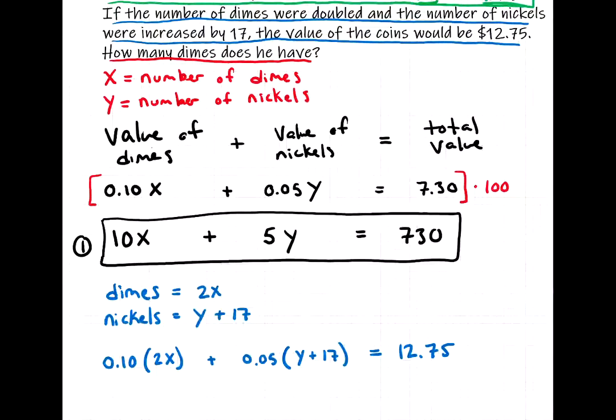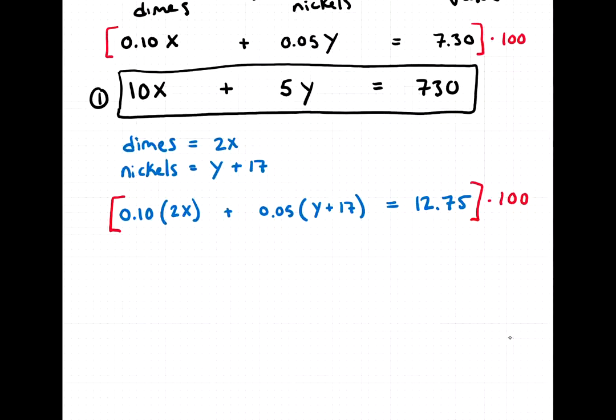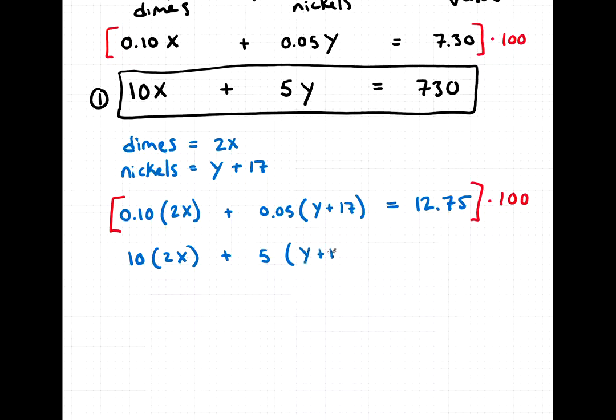Okay, and we could do the same thing, get rid of the decimals. So take the whole equation, both sides, multiply by 100. So that will move the decimal point twice. So then our second equation becomes 10 times 2x plus 5 times (y plus 17) equals 1,275.